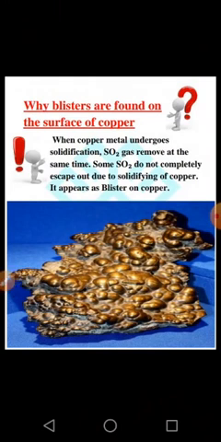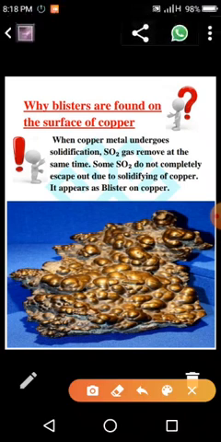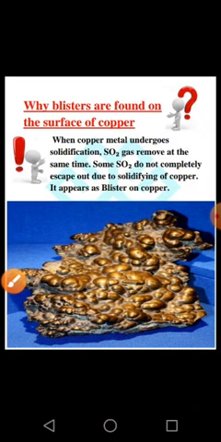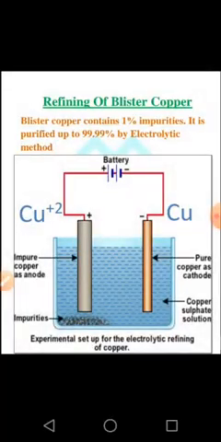When copper metal undergoes solidification, sulfur dioxide gas is removed at the same time. Some sulfur dioxide does not completely escape due to the solidifying of copper, and it is the reason for the blisters of copper.